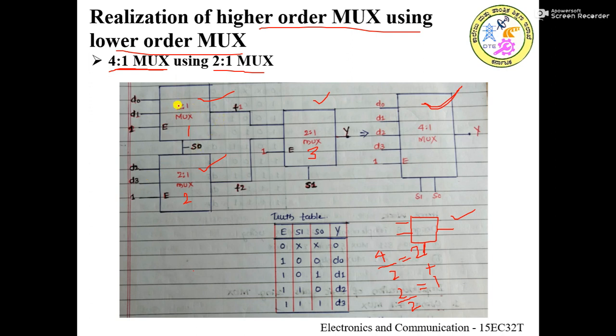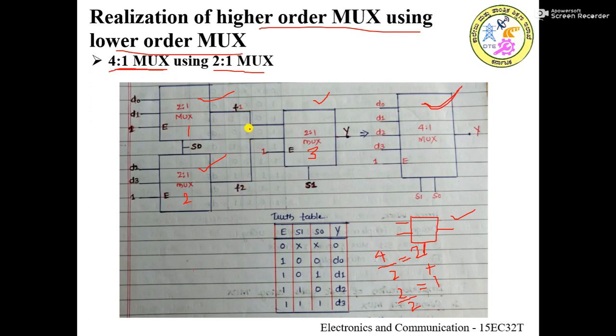So the outputs of the first and second 2:1 mux are the intermediate outputs. These are not the final outputs. So let's designate the intermediate outputs with the names F1 and F2.